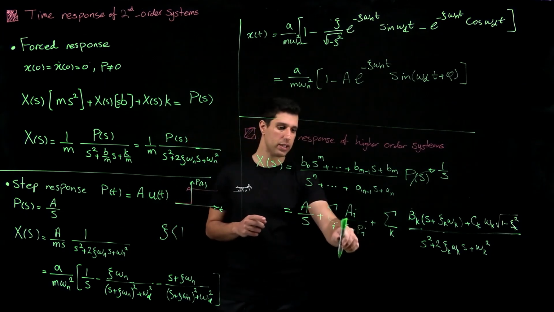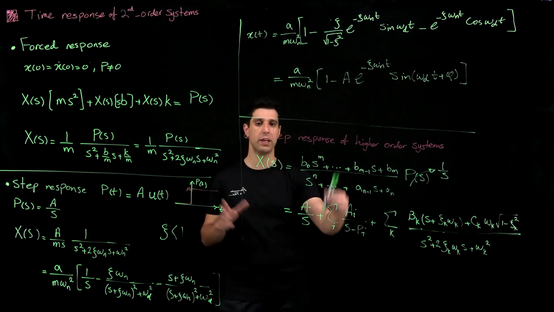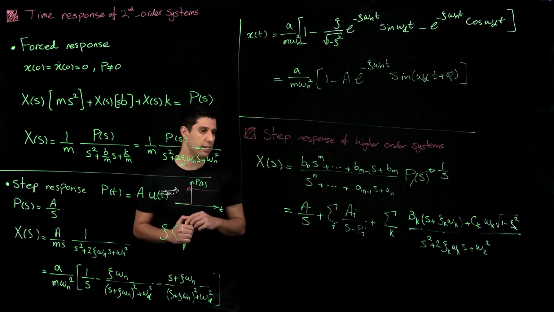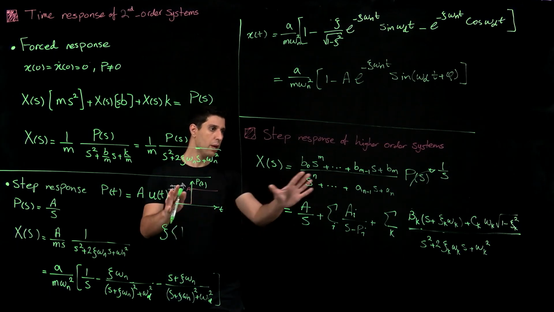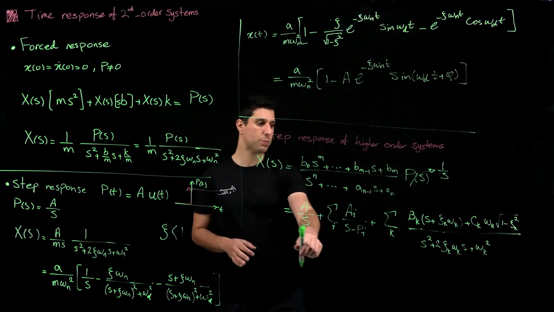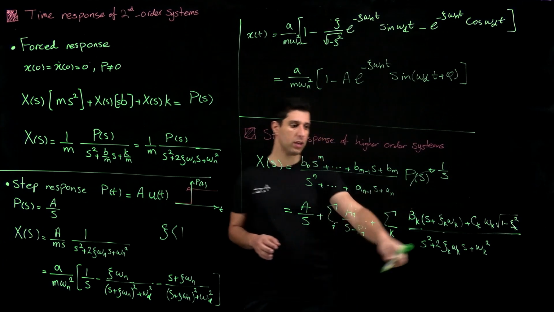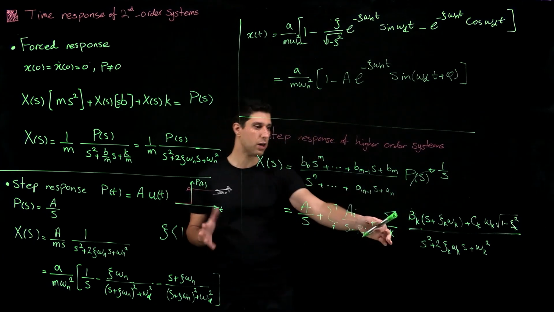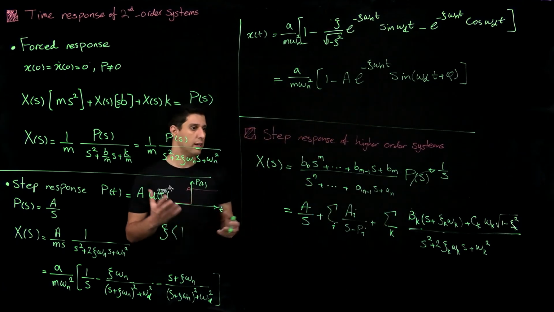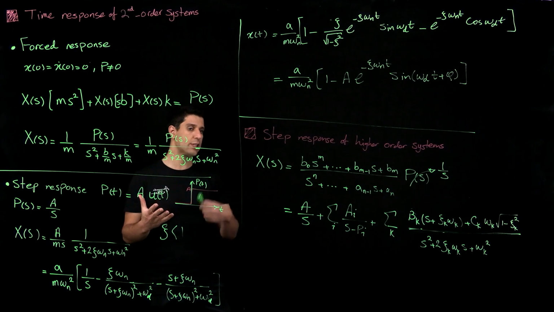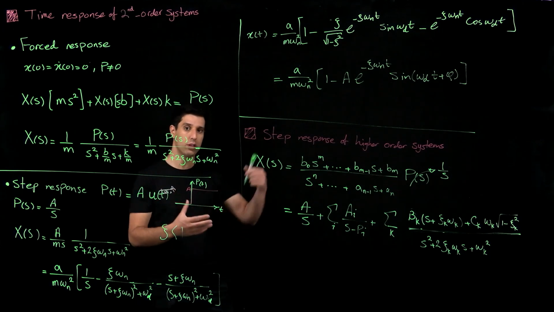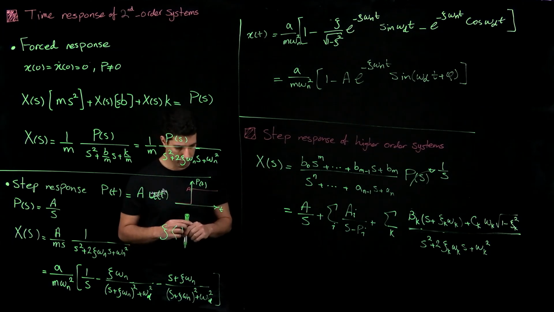Some of these need to be s minus pi to the power of the order of that pole. But nonetheless, the response will be something of this form, a combination of first order and second order responses. So always we will have these exponential terms and exponential oscillatory terms.